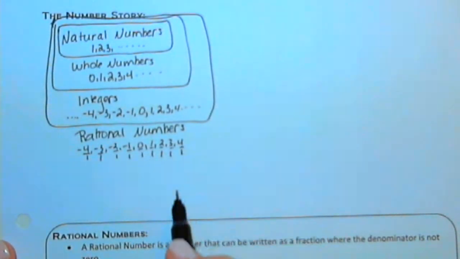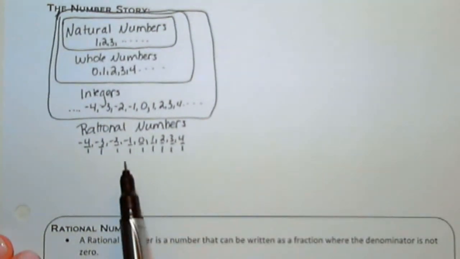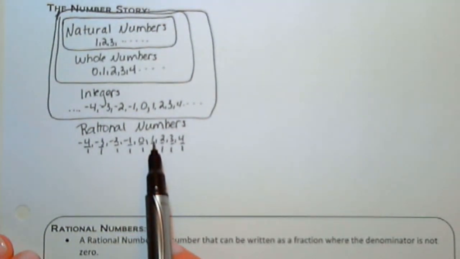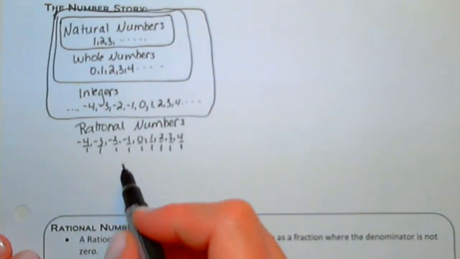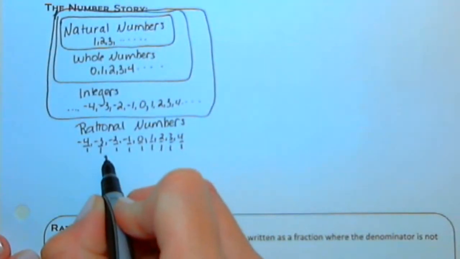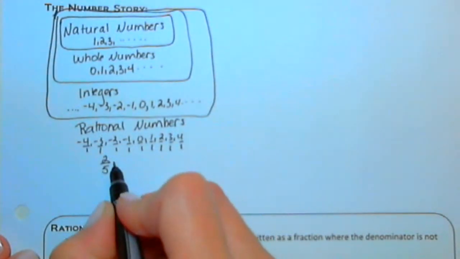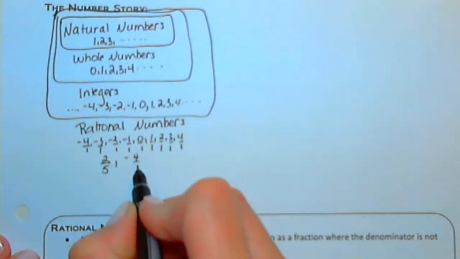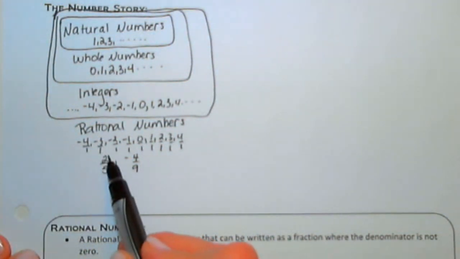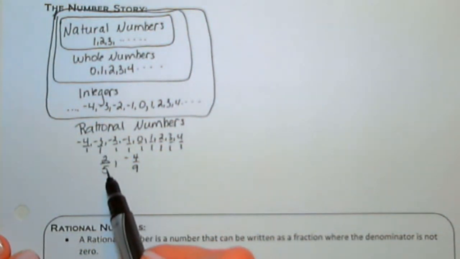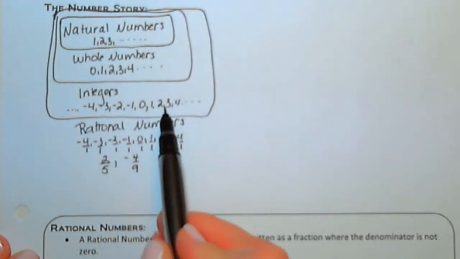Or if you were looking at them as decimals and you're looking at them as money, well, this is exactly $1, 1.00, 2.00, 3.00. But rational numbers also include fractions like 2/5 or negative 4/9, or any other fraction that has a number on the top and bottom that themselves are both integers.